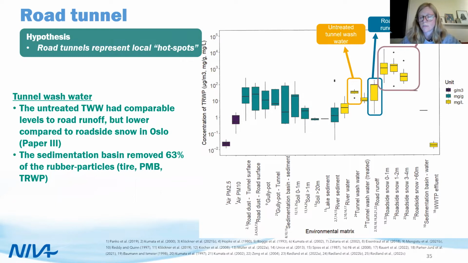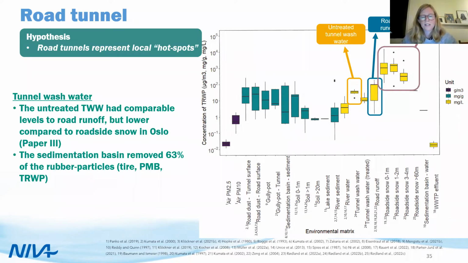So it was also a bit surprising that we had such high concentrations in the roadside snow. That was also a lot higher than what we found in this tunnel. And this isn't a low traffic tunnel either. I didn't mention that, but compared to at least Oslo standards, it's one of the highly trafficked tunnels.